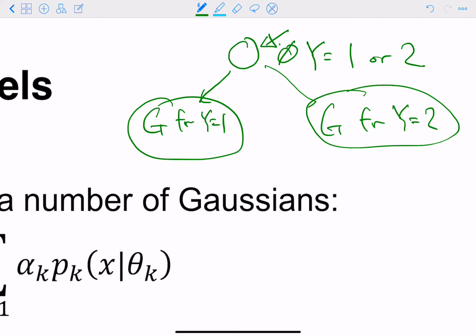They have their own parameters for each of these two Gaussians. The number of Gaussians we set is actually the number of clusters when using these Gaussian mixtures for the clustering algorithm.